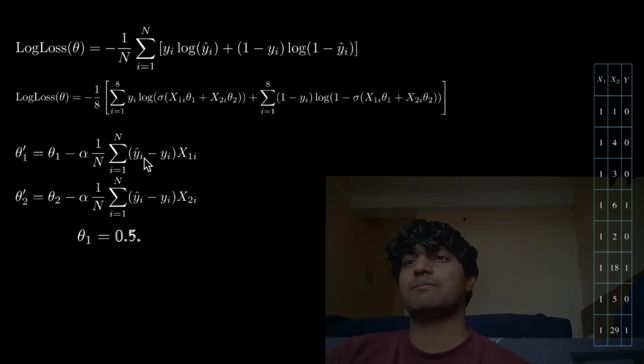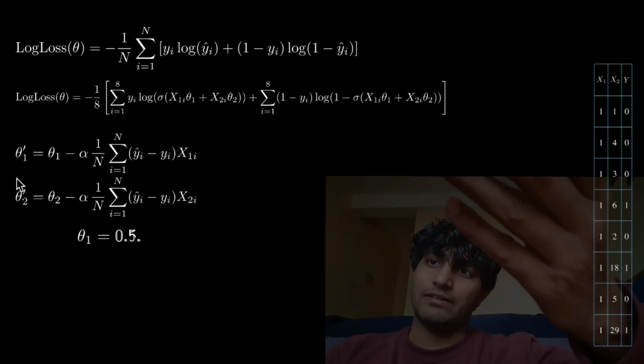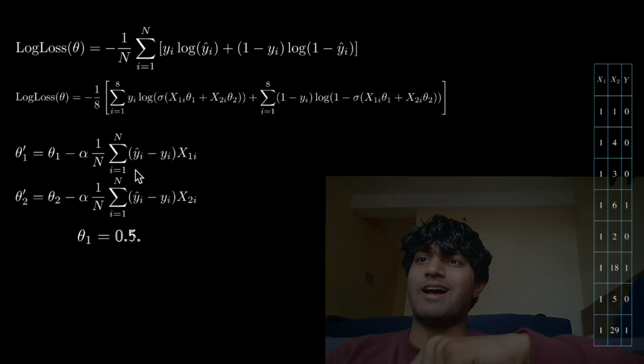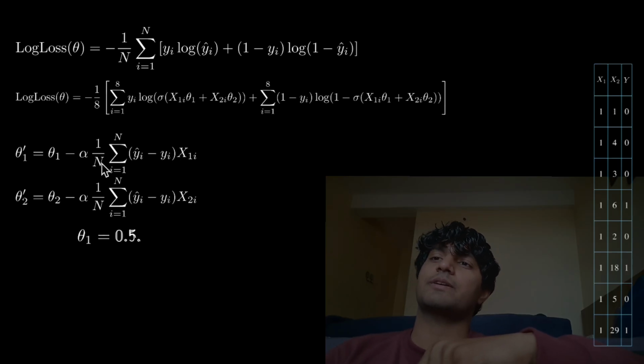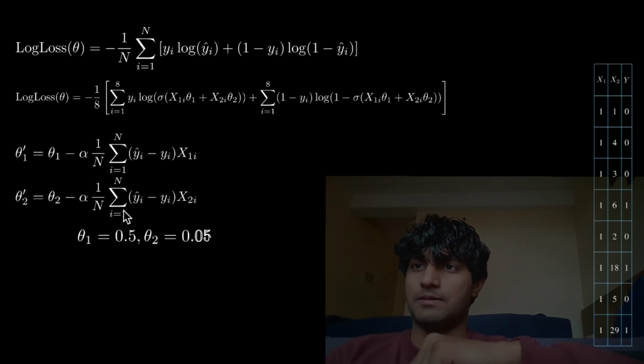For the first example, whatever prediction you get, you subtract the actual, and whatever the x feature was, you multiply with that. And you just optimize the theta this way. I will explain in the next slide how we got this, how we differentiate log loss with respect to theta 1, and then theta 2, and how we get the same thing. That we're going to do in the next slide.